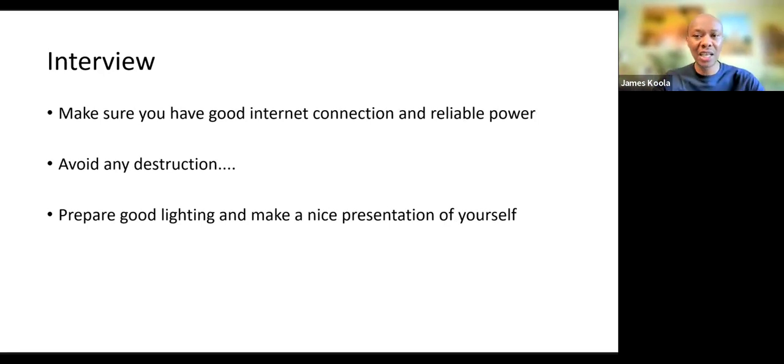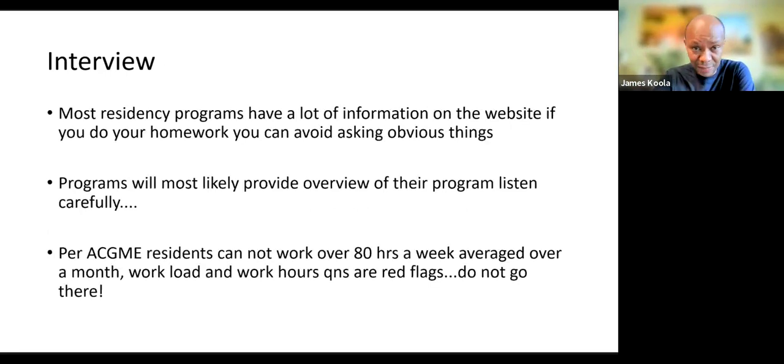People even buy an extra light with a reflector so they look good on video. Do some Zoom trial runs before your interview, and make sure you present yourself well. Zooming is a skill by itself, so you really need to up your game.